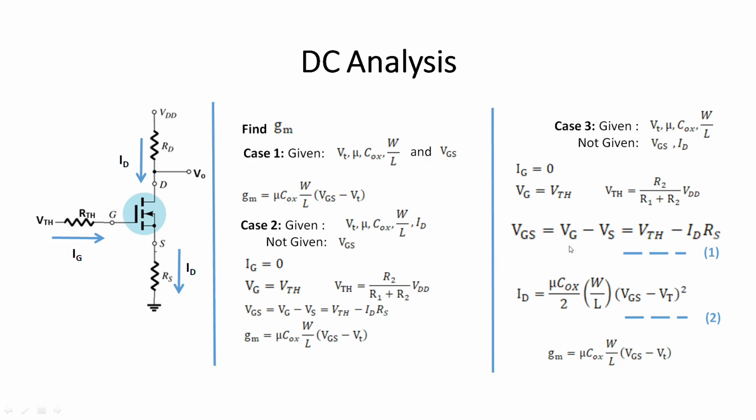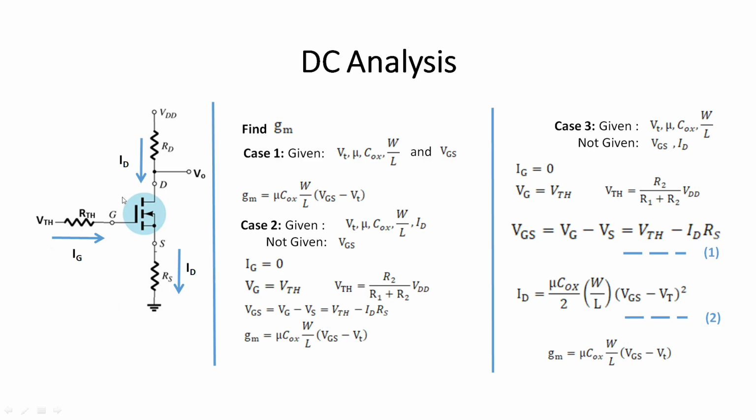So VGS equals VG minus VS, where VG equals VTH and VS equals ID RS. So this is my first equation, where VGS equals VTH minus ID into RS.